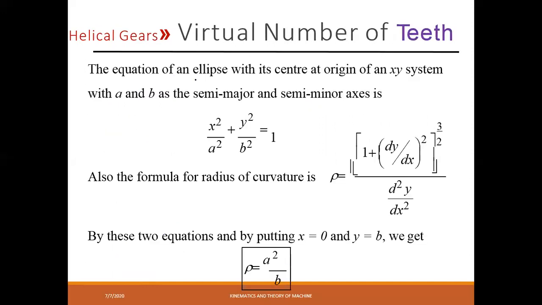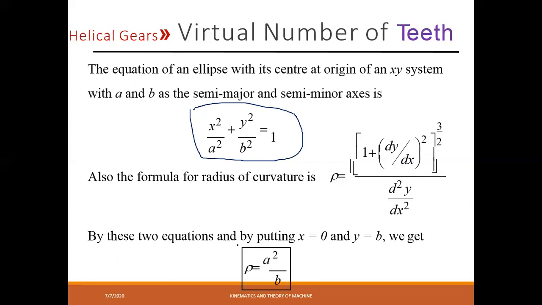The equation of an ellipse with its center at the origin of the xy system, with a and b as the semi-major and semi-minor axes, is x square upon a square plus y square upon b square equal to 1. Also, the formula for the radius of curvature is ρ = (1 + (dy/dx)^2)^(3/2) divided by d²y/dx².